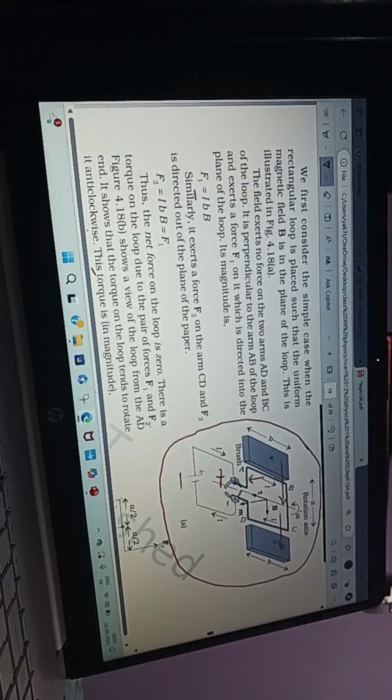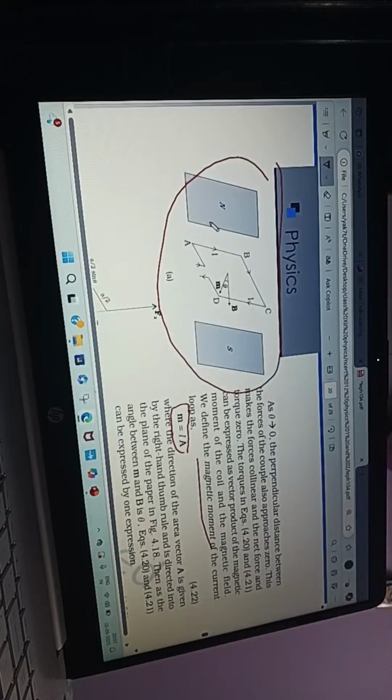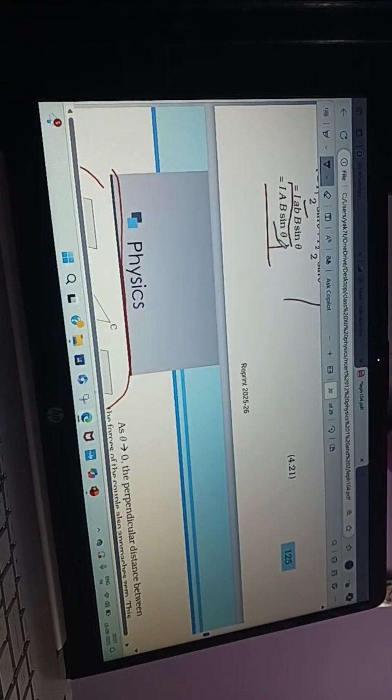In one figure, the current and magnetic field are perpendicular to each other. But here, the current and magnetic field are not perpendicular, they are at an angle theta. That is why the sin theta rule has come.